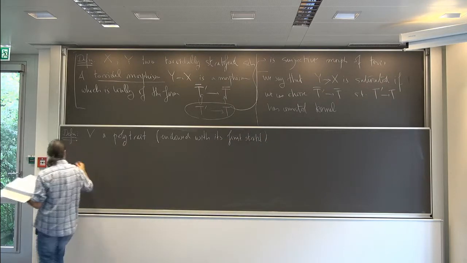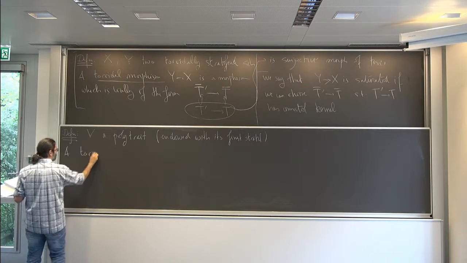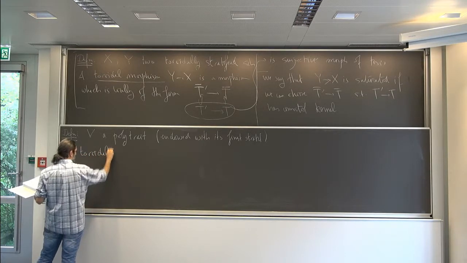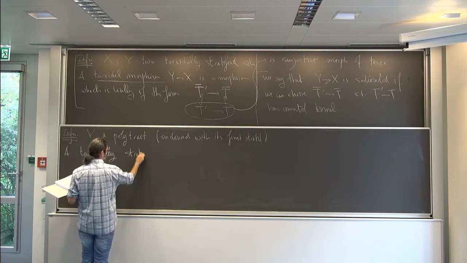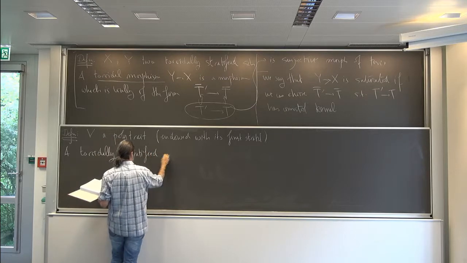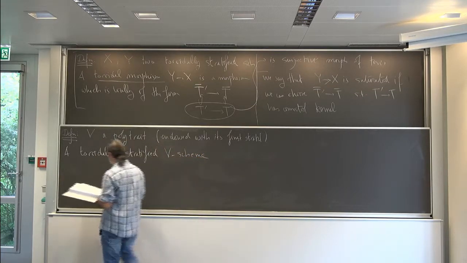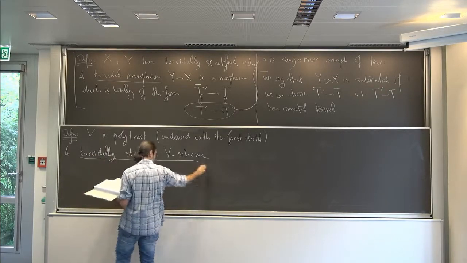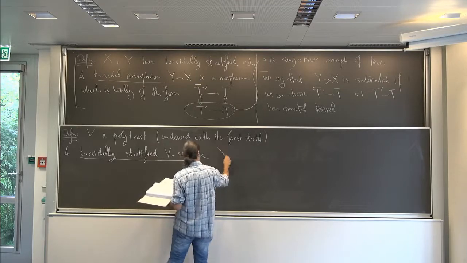Okay, so I want to define the notion of toroidally stratified V-scheme X. So what is this?